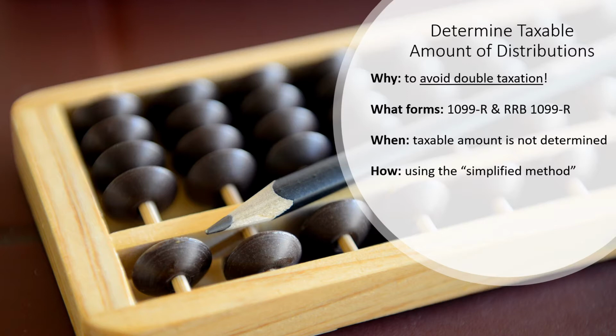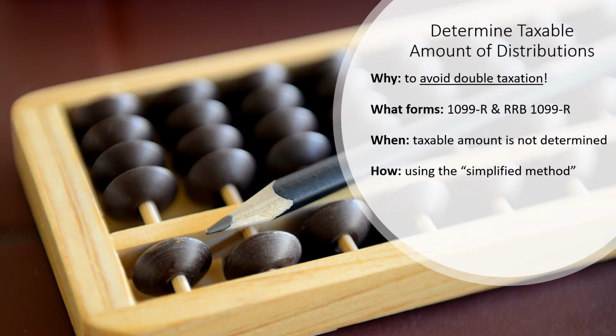So if you remember back, we discussed how these special qualified plans that our taxpayers have been putting money into, sometimes they have been putting money in that has not been taxed already, but sometimes they have put money in that has already been taxed.